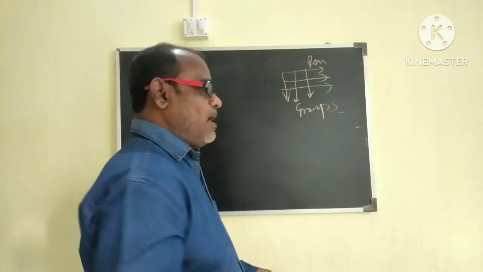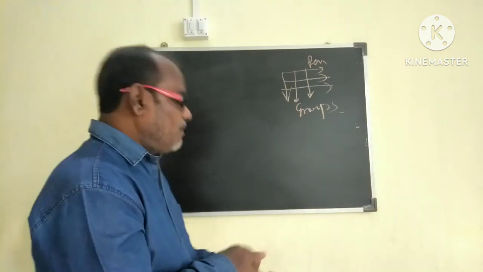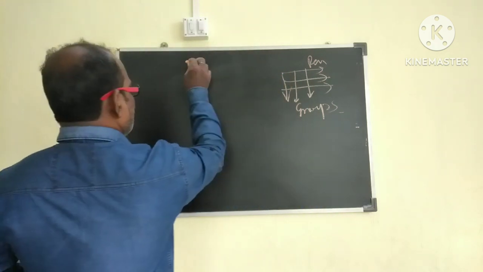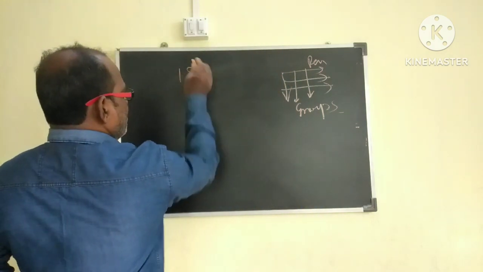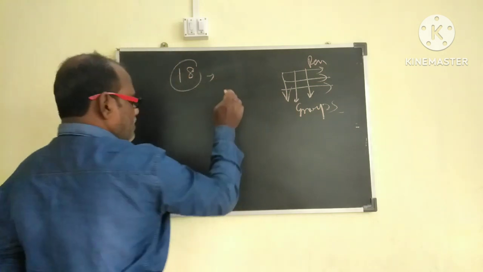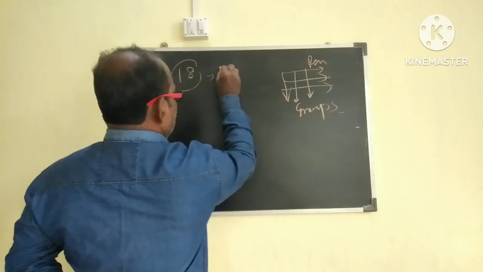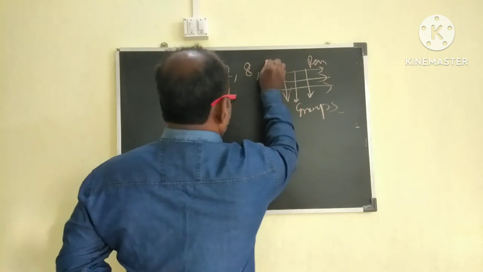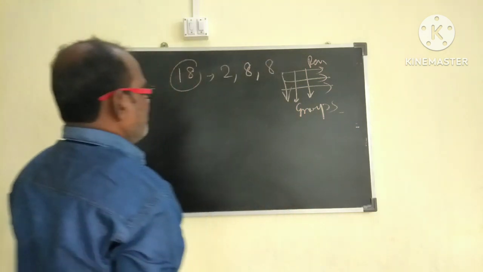Let us take an atom of atomic number, suppose, 18. The electronic configuration of 18 will be 2, 8, 8.